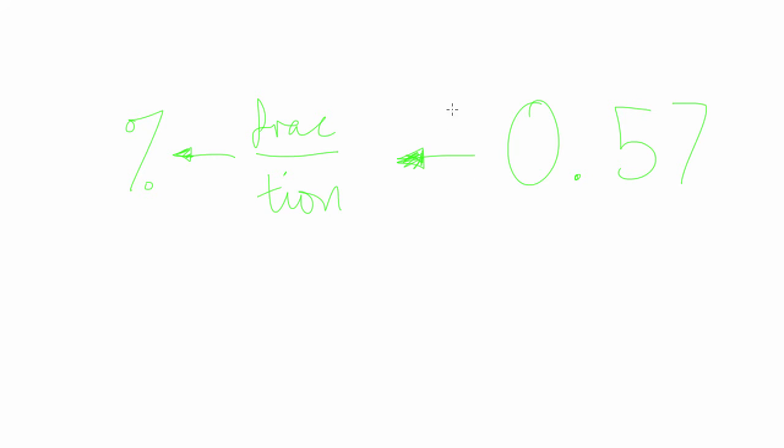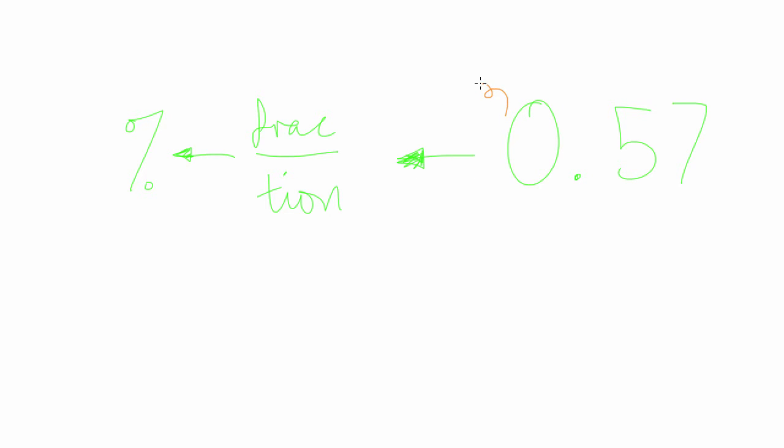Let's start at the other end of our flowchart with 0.57. And I'd like you to time warp that back to a fraction and then back to a percentage. We're going back to the fraction. How do you turn a decimal into a fraction?